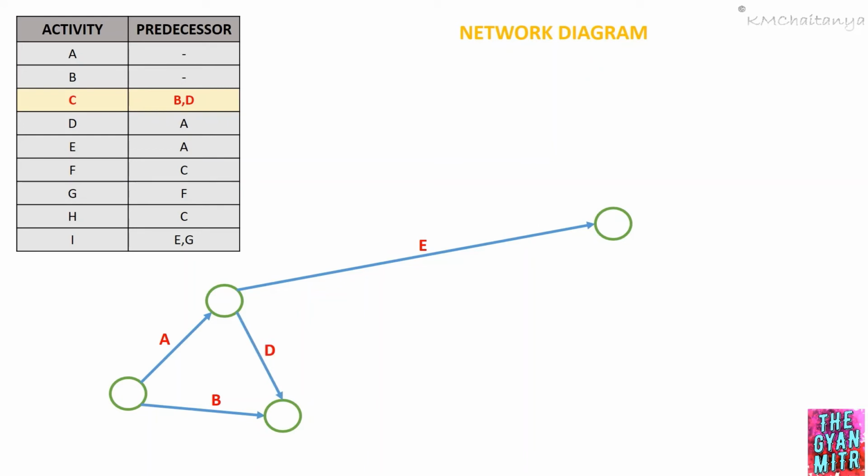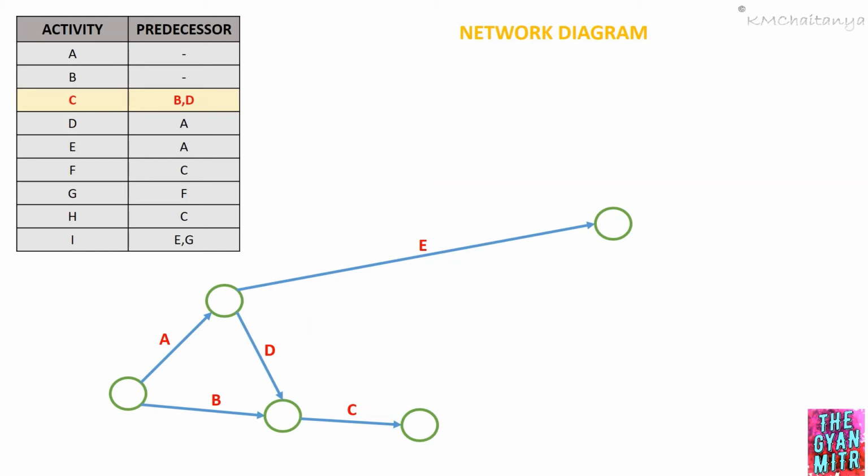Now you can see I can draw my activity C, for which I have activity B as well as activity D as the predecessor. So these minor adjustments have to be done in the network diagram in order to get the proper relationship between the activities.